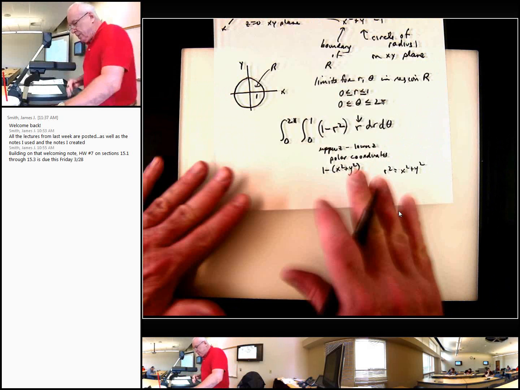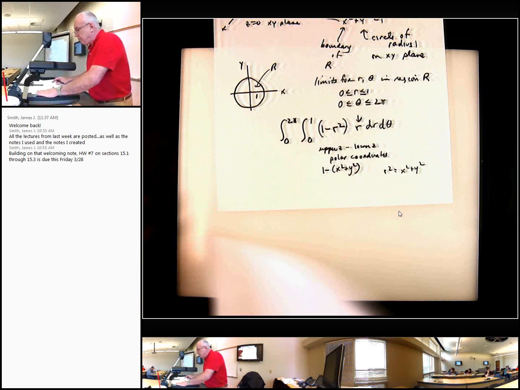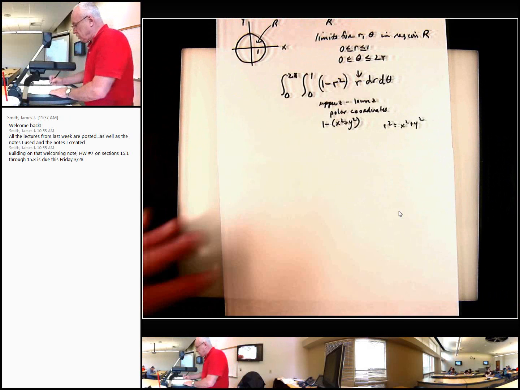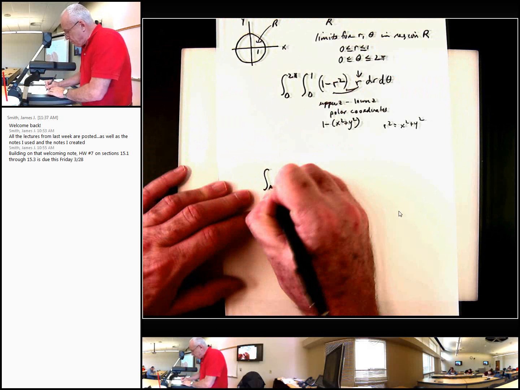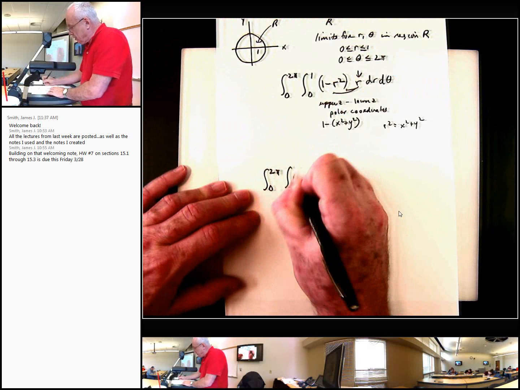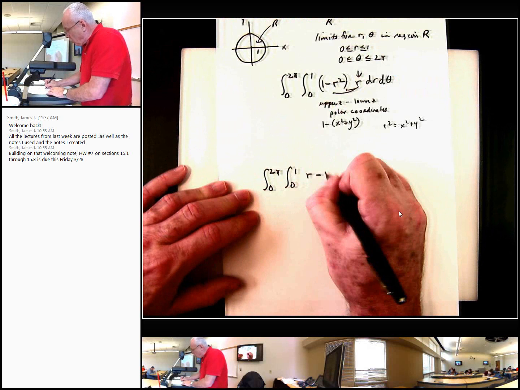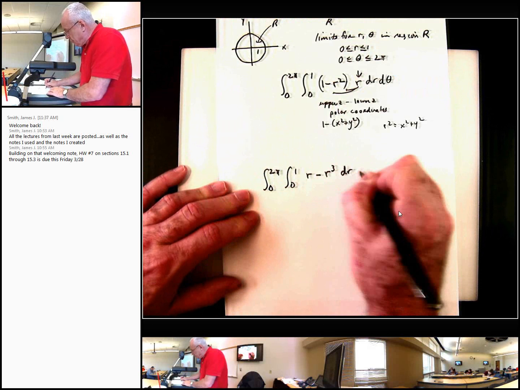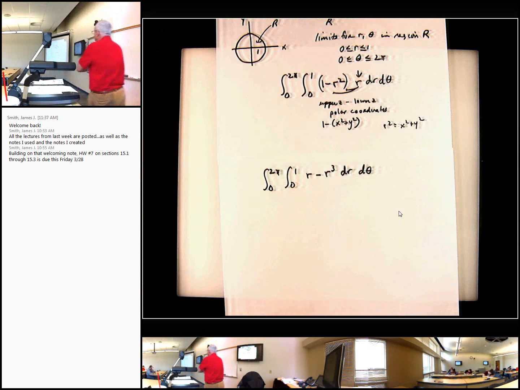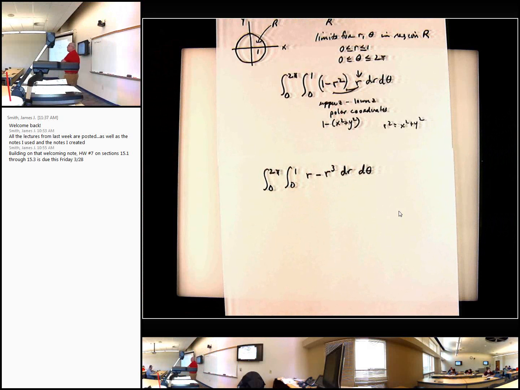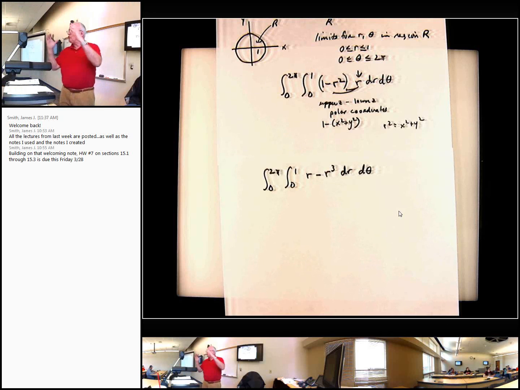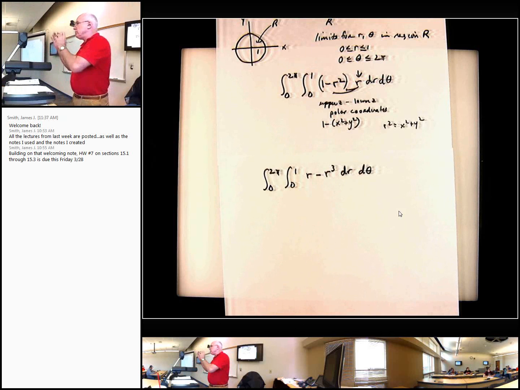So then this becomes a pretty simple integral to do. We just distribute our r, so we get 0 to 2 pi, 0 to 1 of r minus r cubed dr d theta. And question: can I separate this as one integral times another integral?